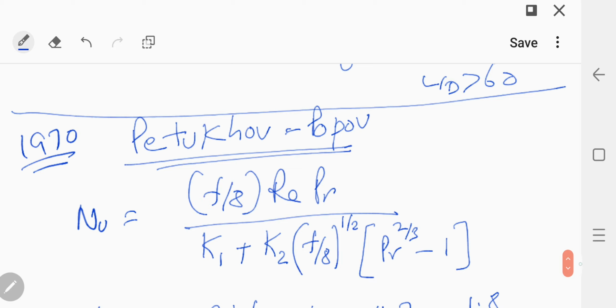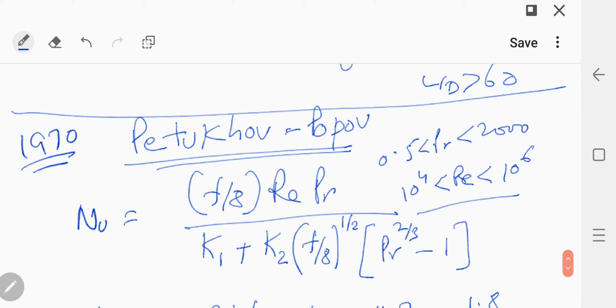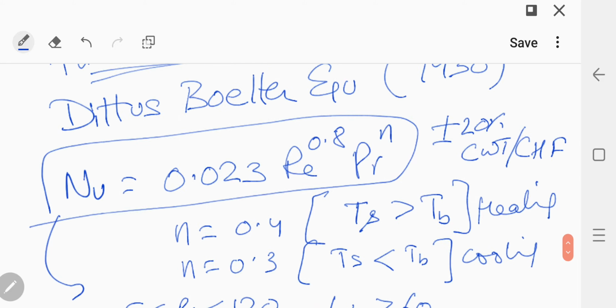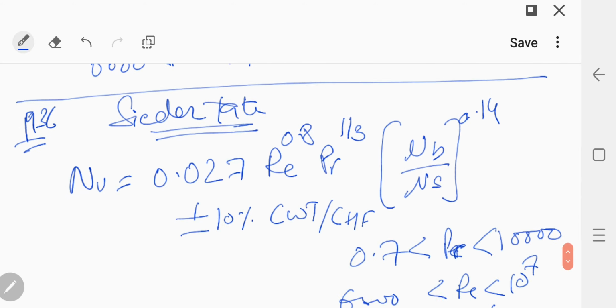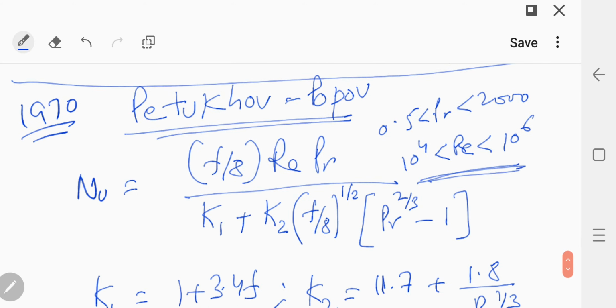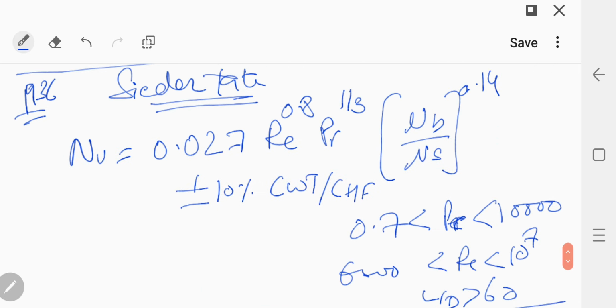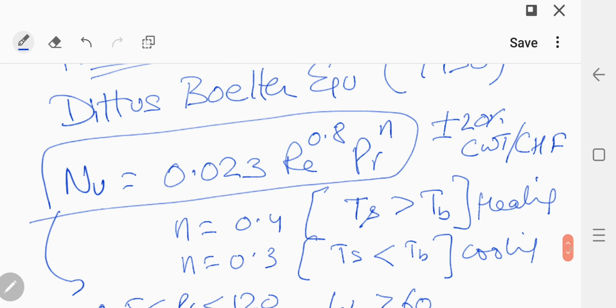But this is valid for Prandtl number in the range of 0.5 to 2000, and Reynolds number in the range of 10 raised to power 4 to 10 raised to power 6. So for Reynolds number less than 10 raised to power 4, this equation is not valid.